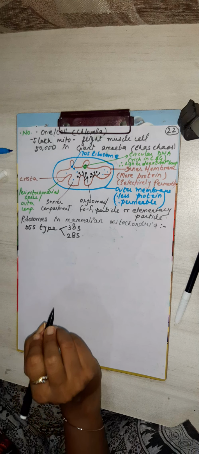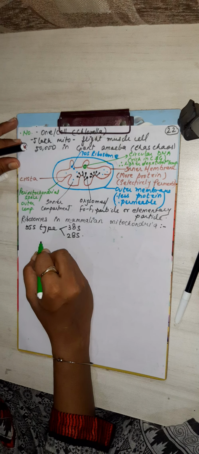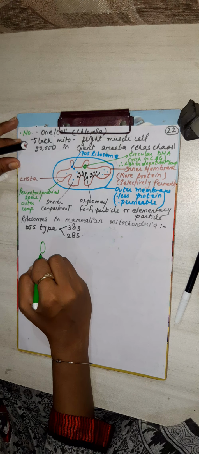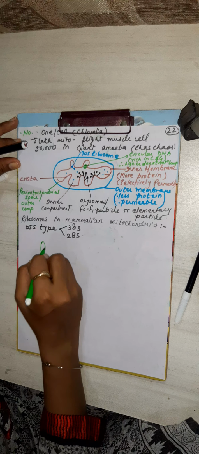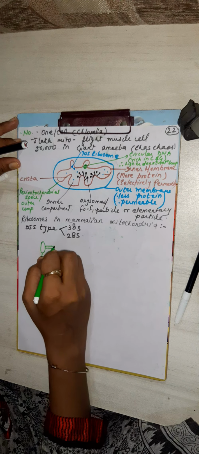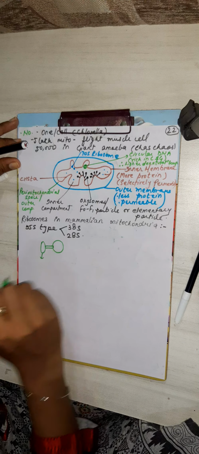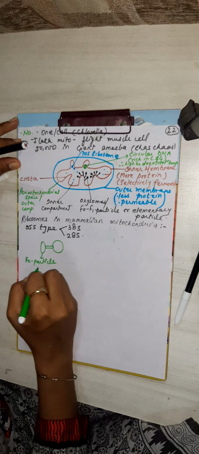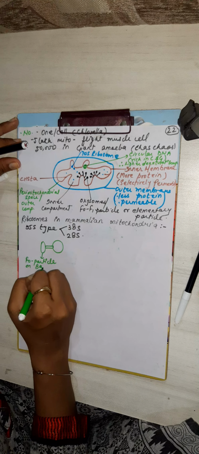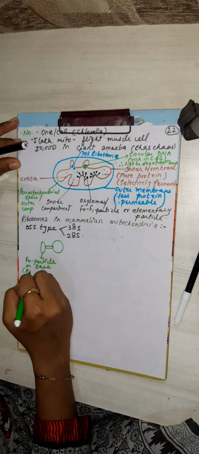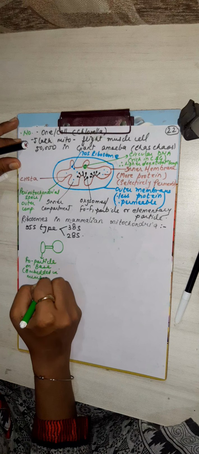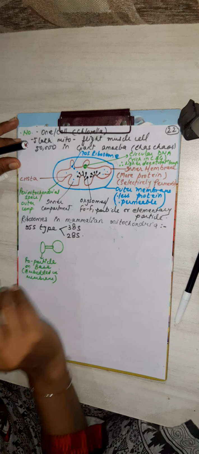Now come to the structure of oxysomes. This consists of F0 particle embedded in the membrane. And it is the stalk.